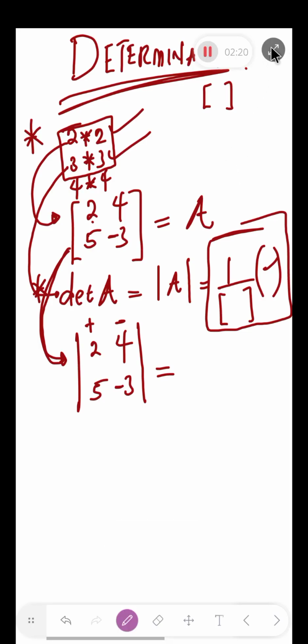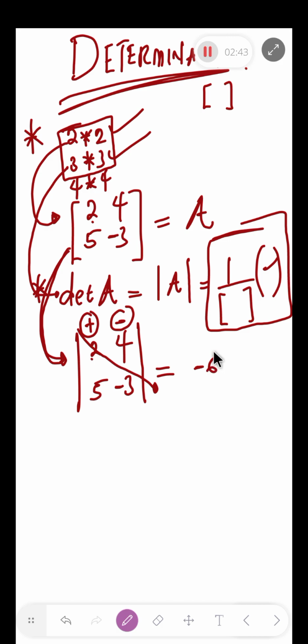So in this case, if you want to find the determinant of a 2 by 2 matrix, you are expected to put a positive sign up here and a negative sign up here. You need to go ahead and multiply this way, plus 2 times minus 3, and that's minus 6. Do you understand that?